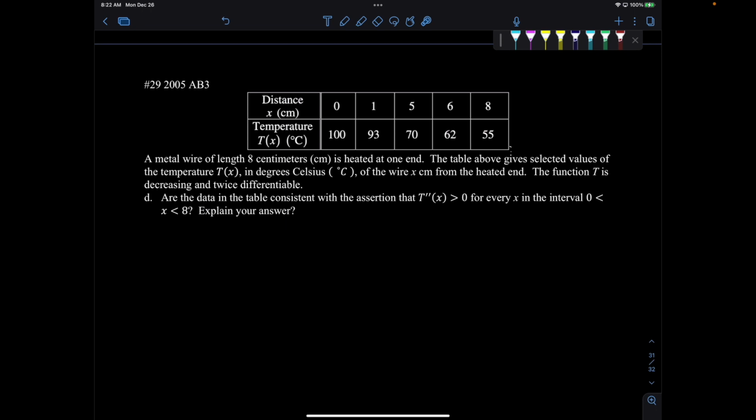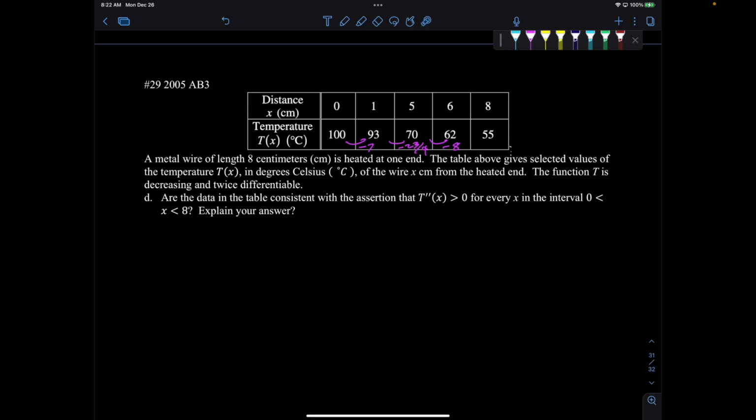I'm going to try to find a place where T double prime has to be less than 0. So what happens? We go -7. Maybe I'll fill these in. So this would give us -7, right, if we did the mean value theorem on that. This would give us -23 over 4. Okay. This would give us -8.